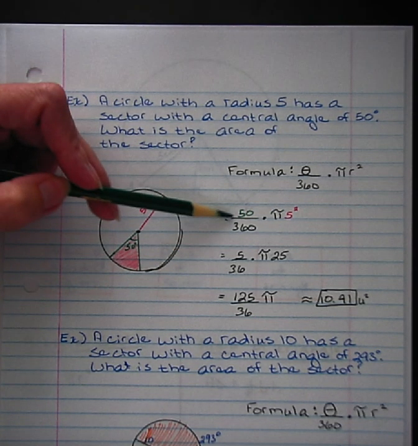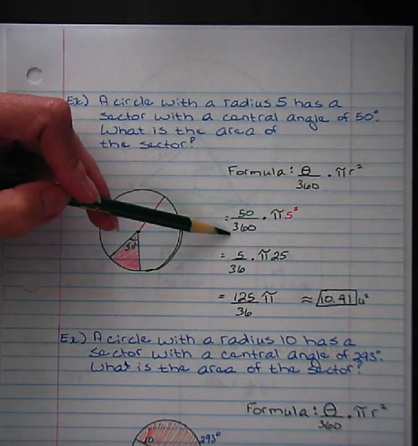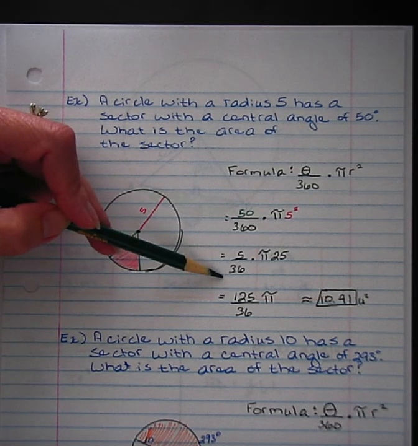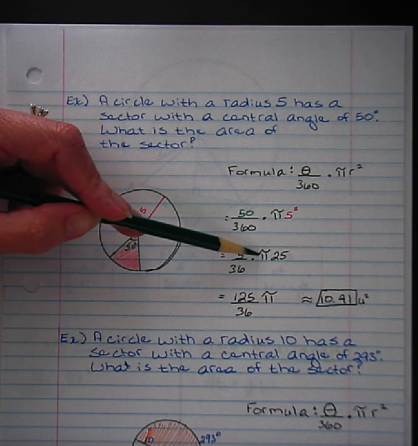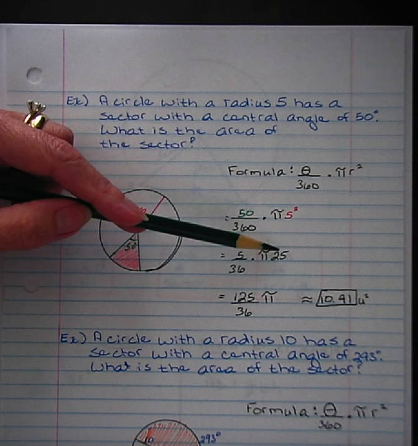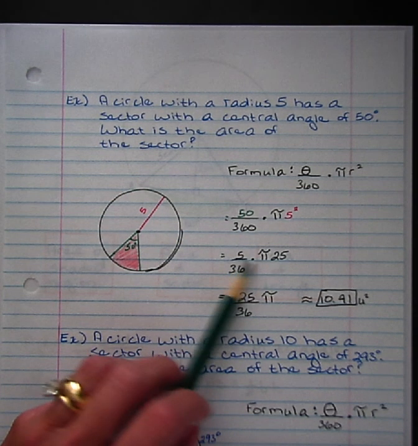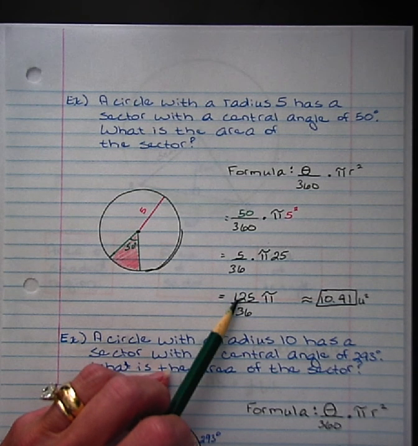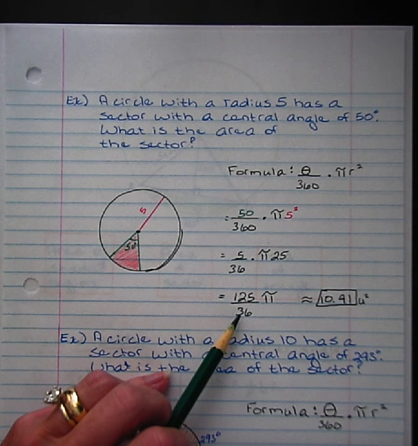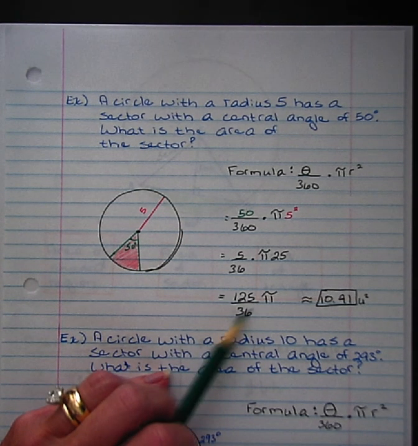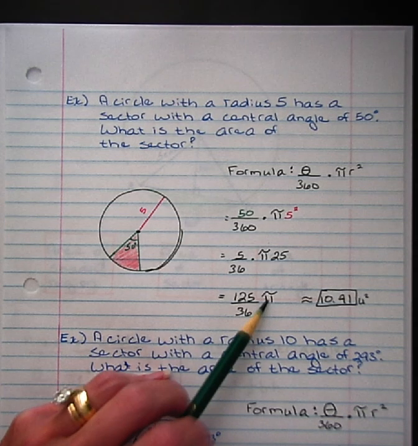If I simplify a little bit, 50 over 360, those are both divisible by 10, so that becomes 5 over 36 times pi times 5 squared, which is 25. Now I can just multiply straight across. 5 times 25, that's 125, divided by my 36 times my pi.